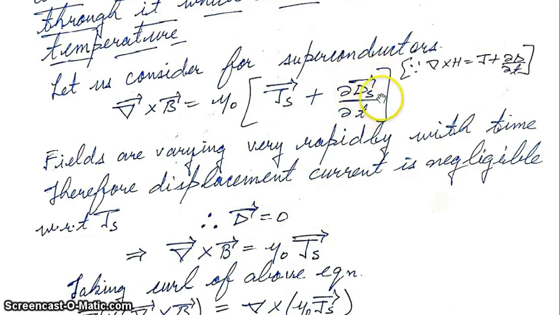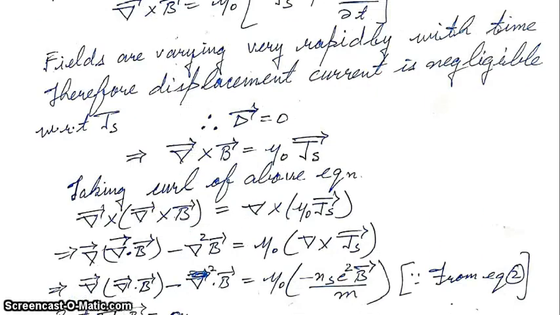After putting D vector equal to 0, the rest of the term becomes del cross B vector is equal to mu naught Js vector. Now taking curl of the above equation, del cross B is equal to del cross of mu naught Js vector.